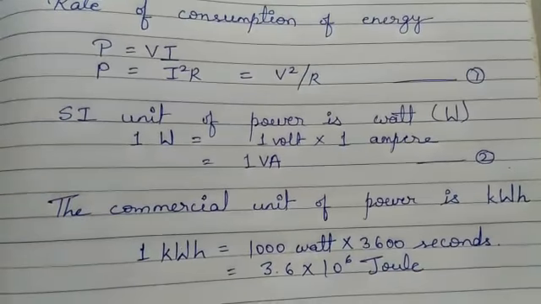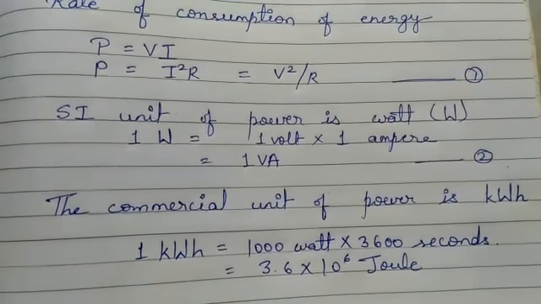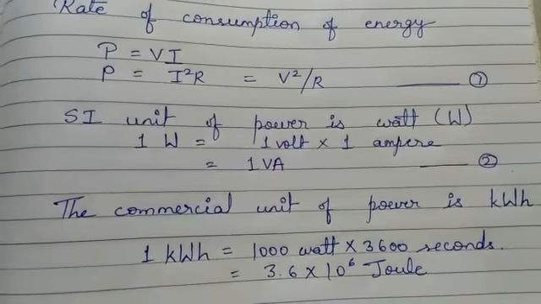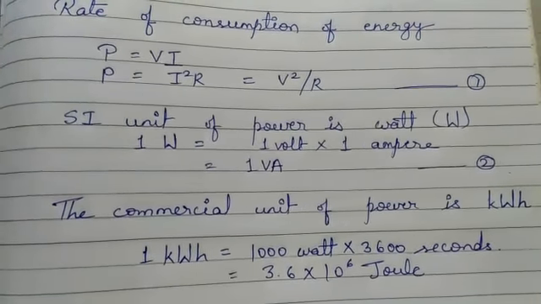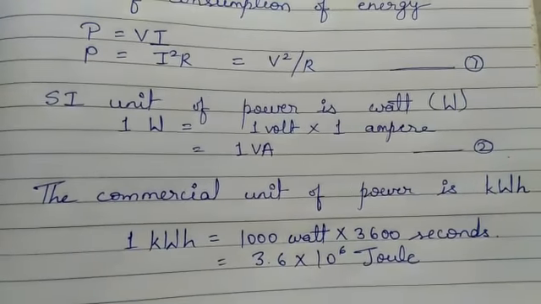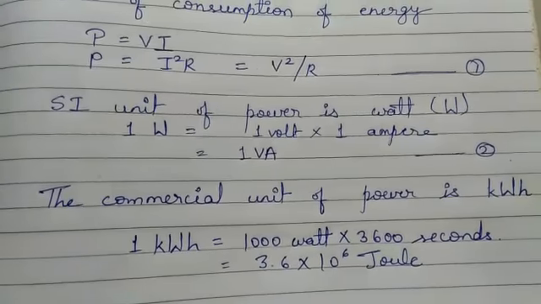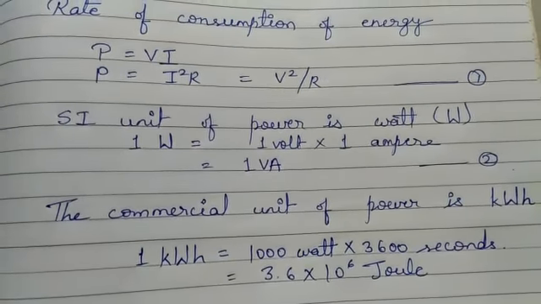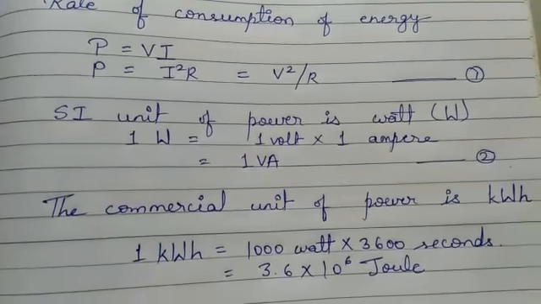Okay, so whatever electricity bill we get in our home, in that also the unit of electric power is kilowatt hour. So here you can see 1 kilowatt equals 1000 watt, because when kilo is there, we multiply it with 1000.